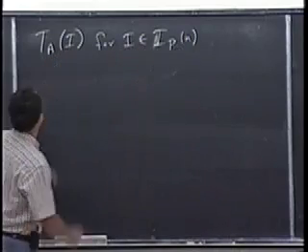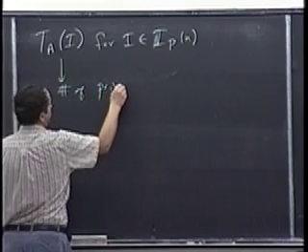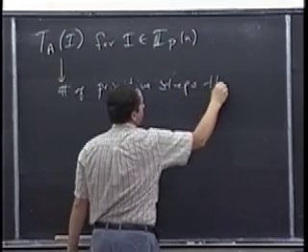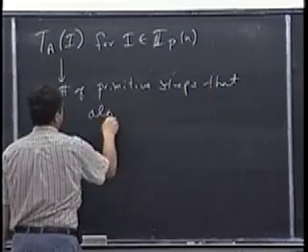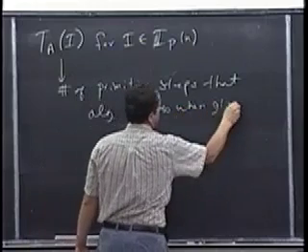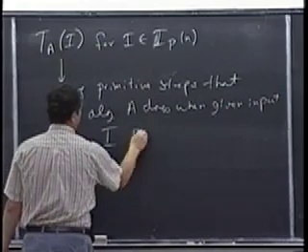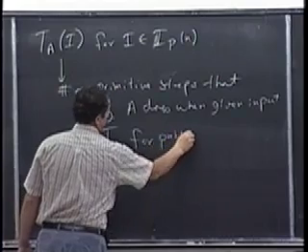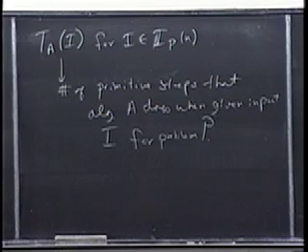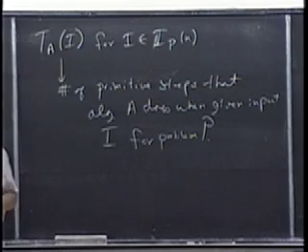And then this notation is the number of primitive steps, and I'll talk about primitive in a minute, that algorithm A does when given input I, and it's for problem P. So when you give a particular input to a particular algorithm, and it's a deterministic algorithm, that algorithm does something.